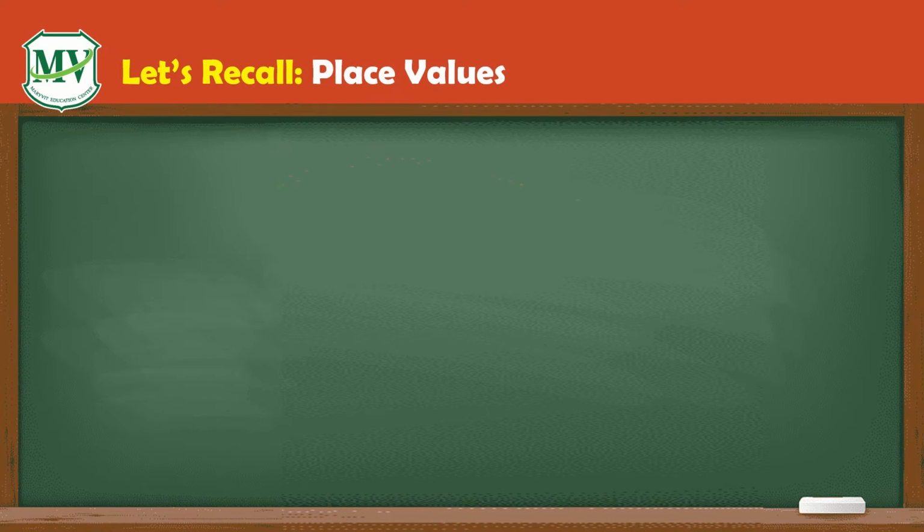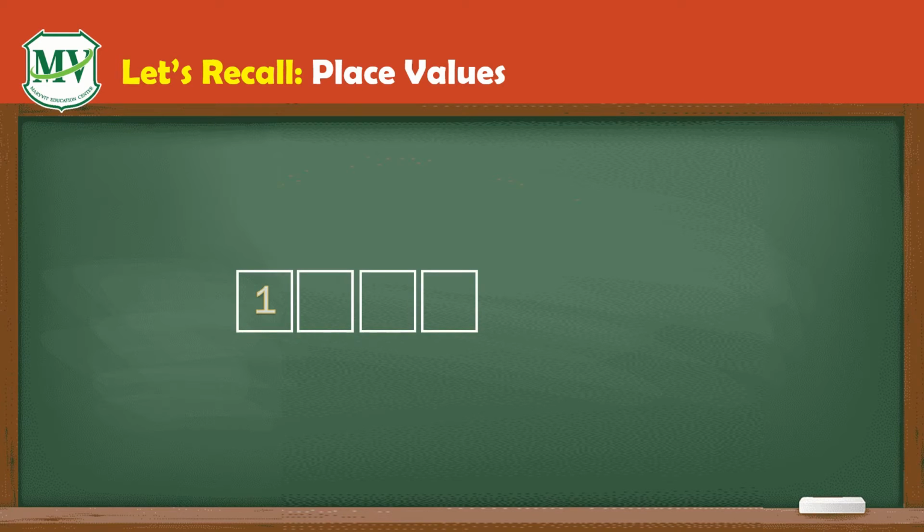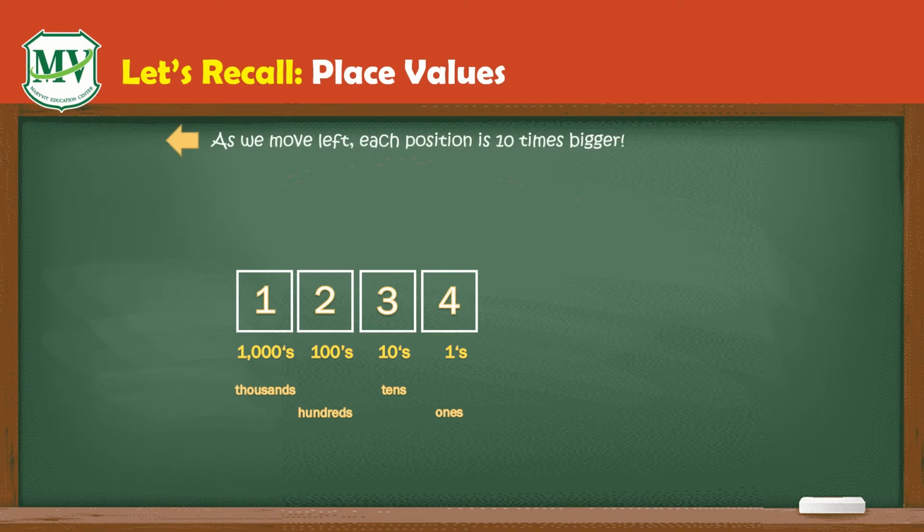Let's recall place values. For example, we have the number 1234. 4 is ones, 3 is tens, 2 is hundreds, and 1 is thousands. As we move left, each position is 10 times bigger.